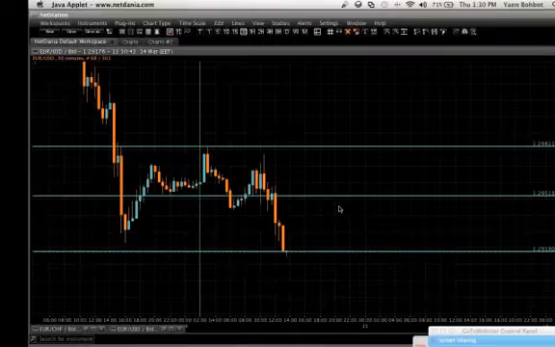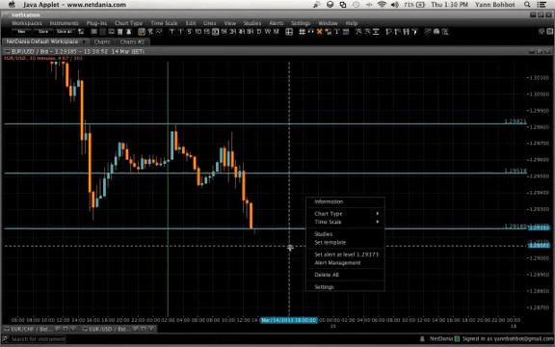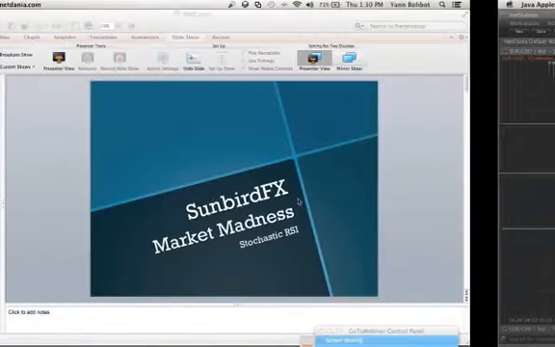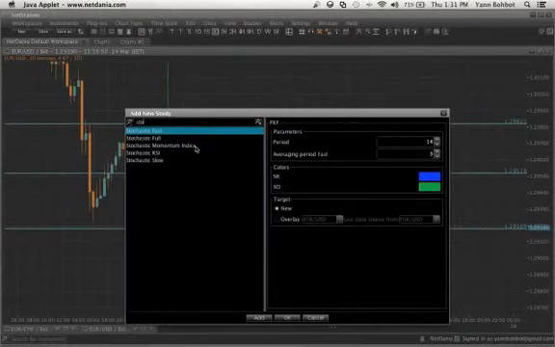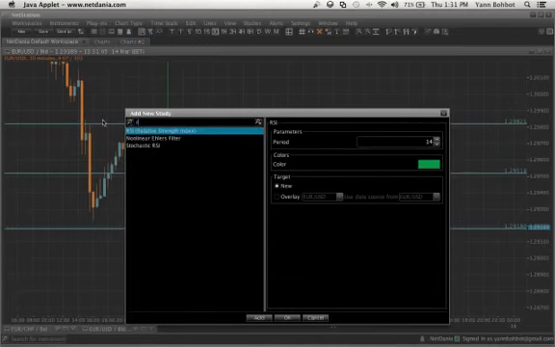Let's take the euro US dollar right now and see what's going on. I want to put studies, stochastic. We said 14 with levels of 70 and 30. Sorry, no, RSI. My bad.